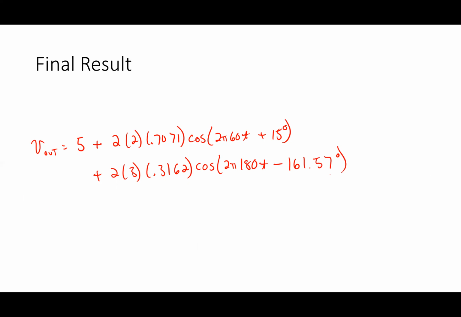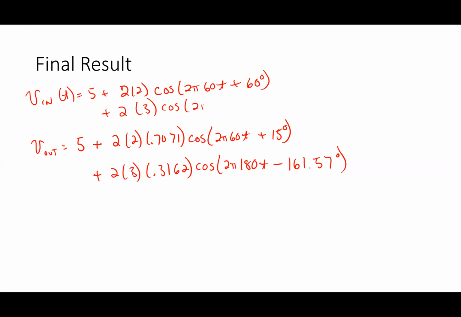If you compare that to our original input, that was 5 plus 2 times 2 cosine 2 pi 60t plus 60 degrees, plus 2 times 3 cosine 2 pi 180t minus 90 degrees.